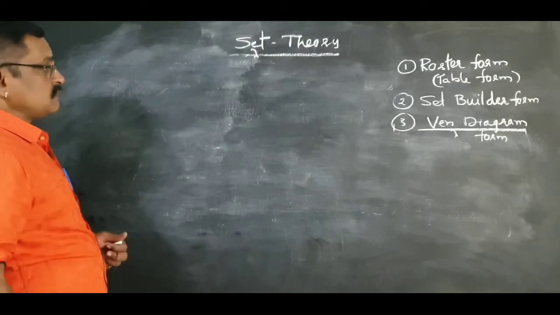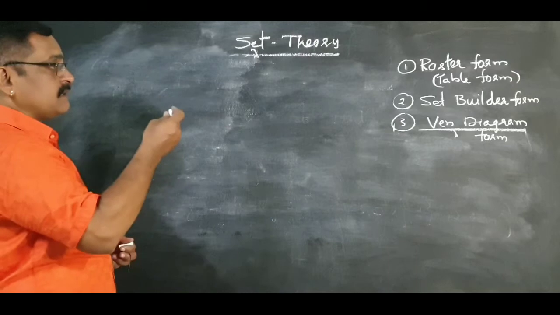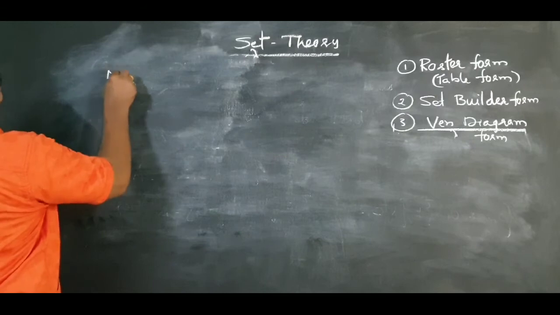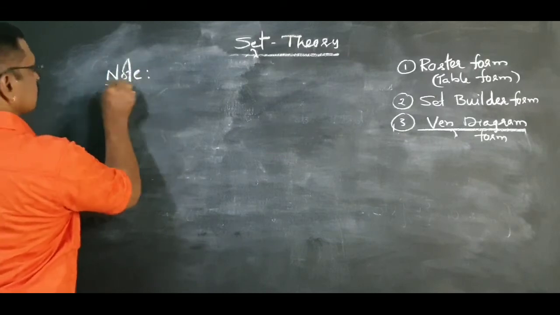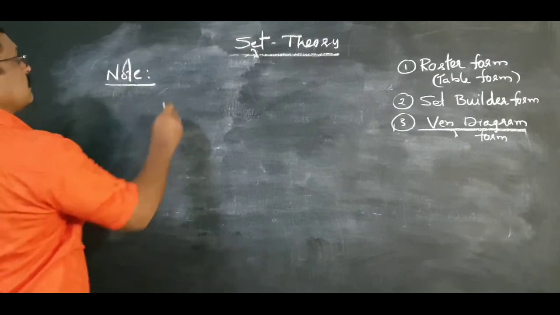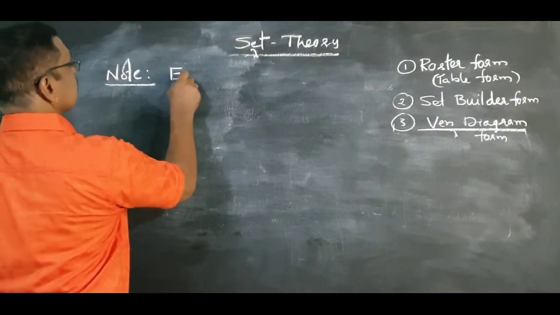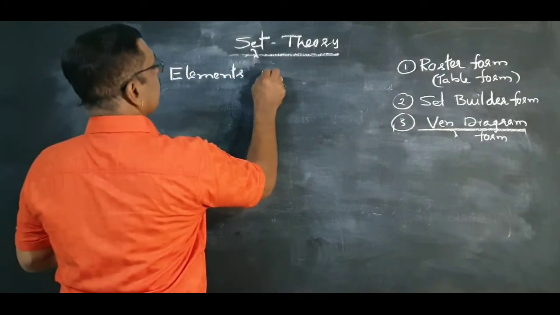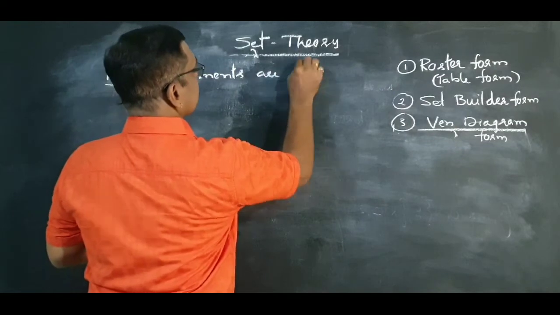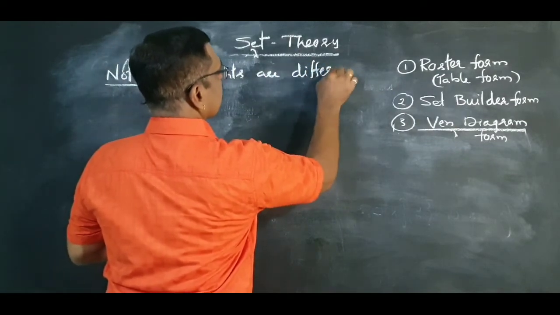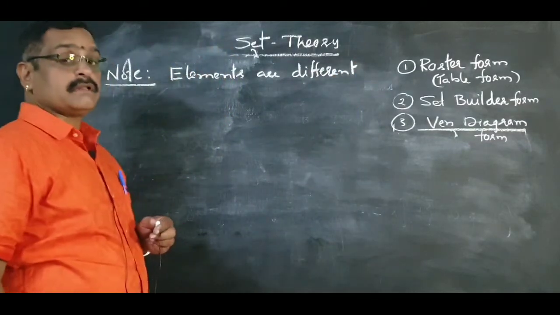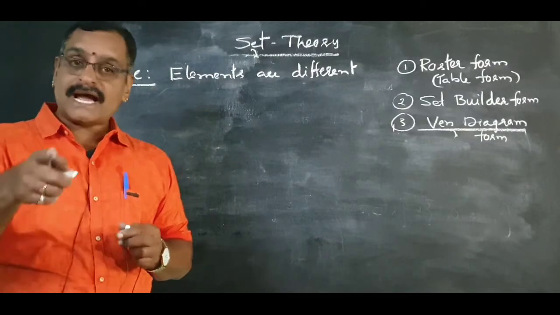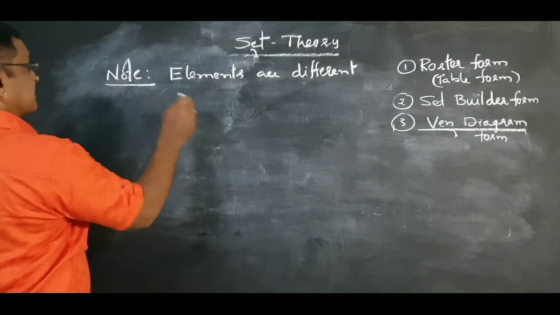One important note: when the set is represented in the roster form, the elements are different. That means we don't repeat the elements. I will explain by example.